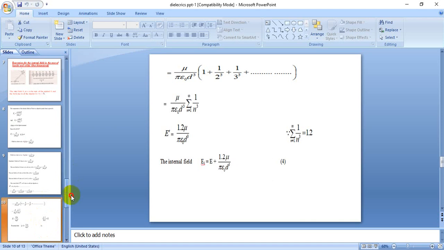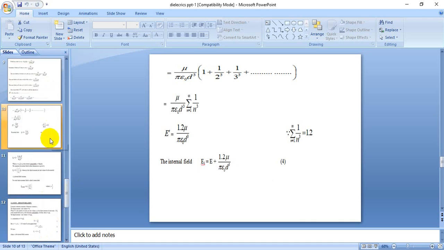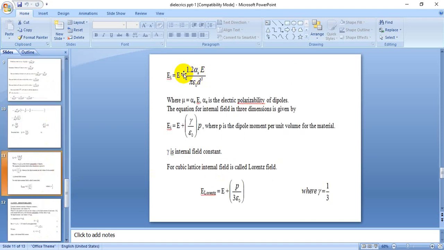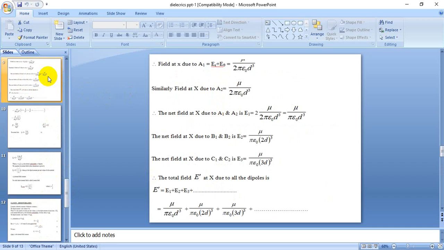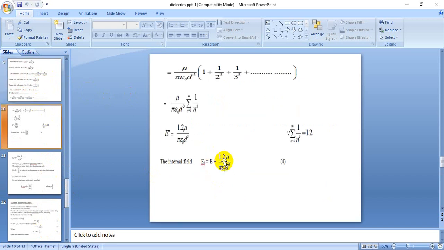Next, we are going to write the same equation in a different format. What is the format?